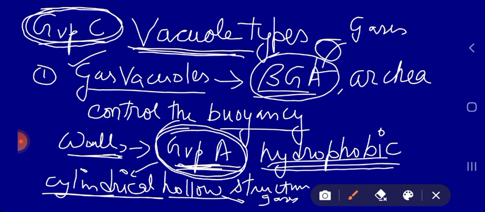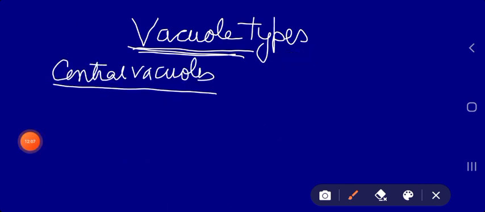Now we will discuss another type of vacuole, which is called the central vacuole. Central vacuoles are found mostly in plant cells.